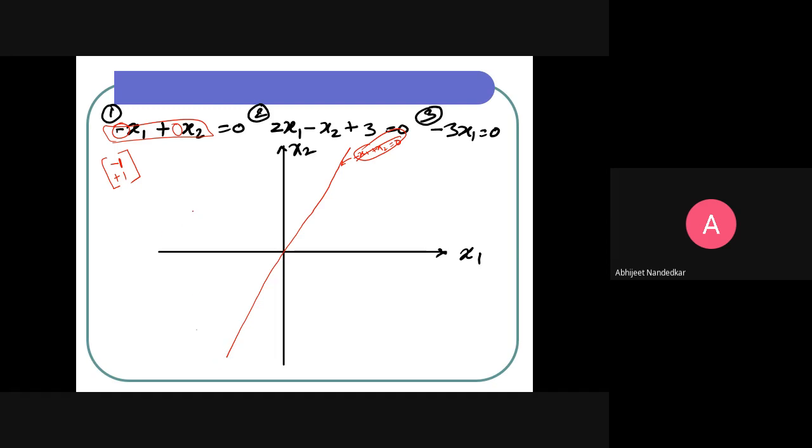You can try and put some values here, and then you can check. Now where is this direction? Say this is 1, this is -1, and this is 0. So this is -1, +1. So this is the direction of my vector.